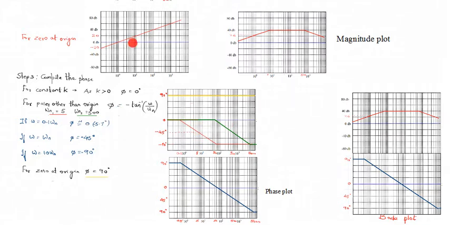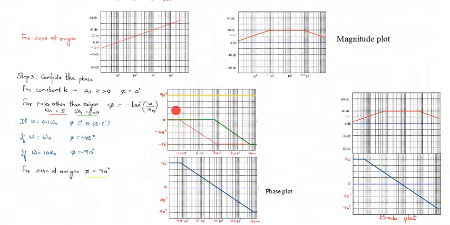Now we have to add all these characteristics and draw the final phase spectrum. So up to 0.5, if we observe, both the phase spectrums are 0. The only phase spectrum which is active is 90 degree. So up to 0.5 the phase is 90 degree. Now what happens above 0.5?